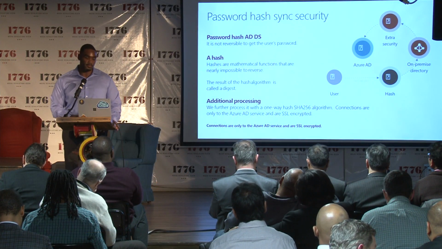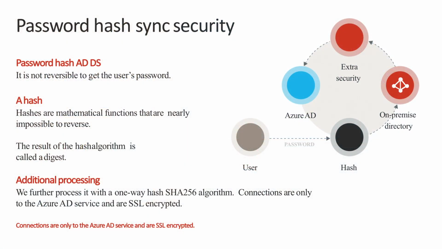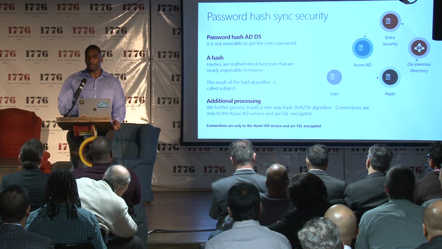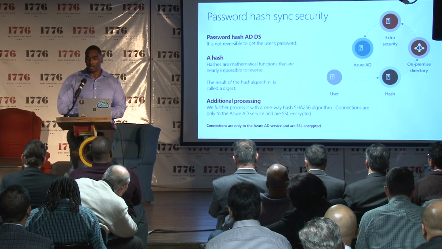So we're talking about passwords, we're talking about hashes. I know this is a very sensitive topic, and so we want to talk a little bit about what we do to secure those passwords. We will take your hashes on premises, and when we sync them, we will put another hash on top of the hashes that we just synced from you, to make sure that even if you were to get the hash, you would have to descramble it twice in order to make it usable.